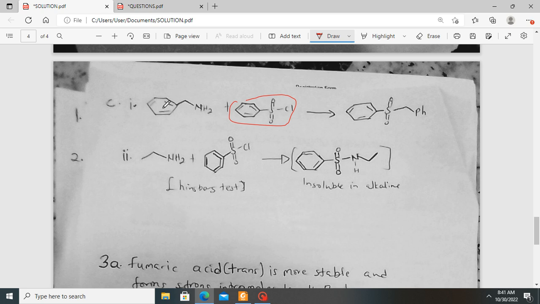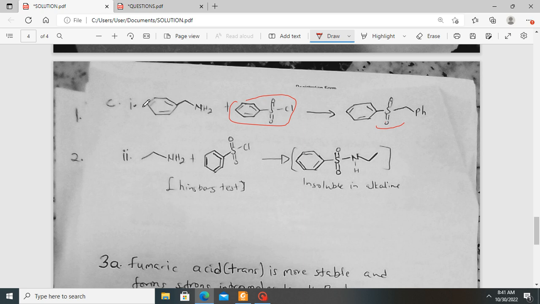So for the first one, you can use the Hinsberg test on the amine to produce this benzene sulfonamide, which is not soluble in alkaline. After reacting the amine with benzene sulfonyl chloride, you test the resulting compound in an alkaline solution. If it is not soluble, it means that compound is the amine.